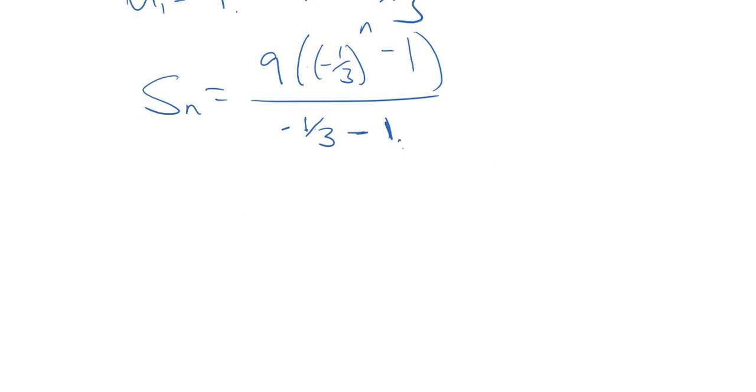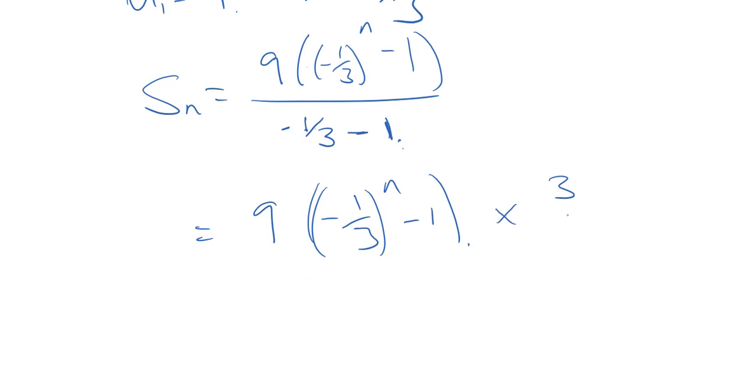Now, we might want to tidy this up a little bit. Let's just carry on and see if we can do some tidying. So let's keep the top as it is for a second, right? We've got minus a third to the n minus 1. Now, on that denominator, we're going to have minus 4 thirds. So we're dividing by negative 4 thirds, which is the same as timesing by negative 3 over 4.